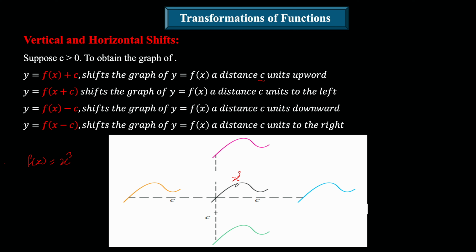We need to move this curve upward, okay? What we need to do is we just make f of x plus c, meaning we make x to the power 3 plus c. c can be any number. c can be equal to 1, c can be equal to 2, and so on, okay? So this shifts my curve upward c units, okay?